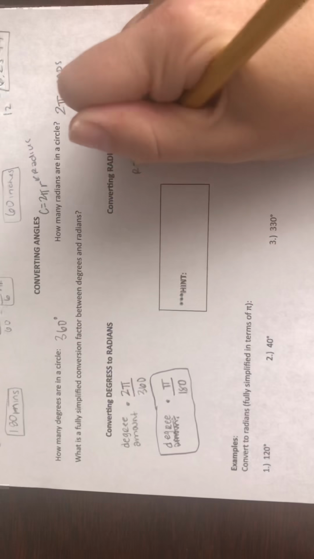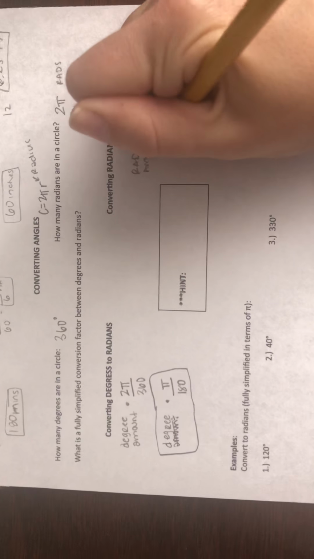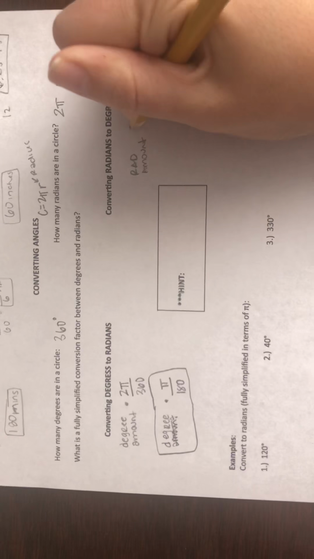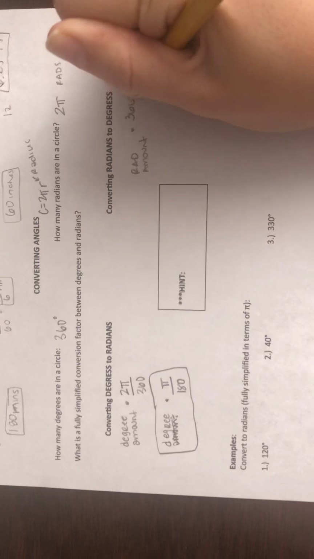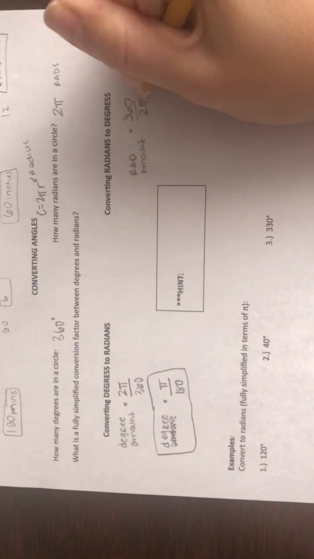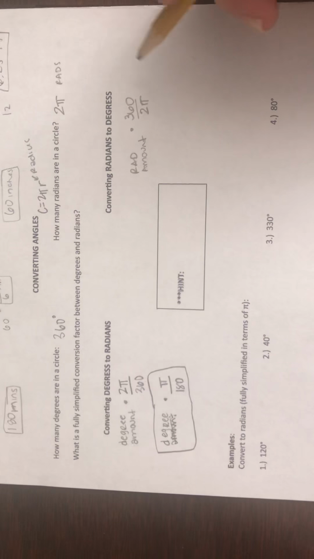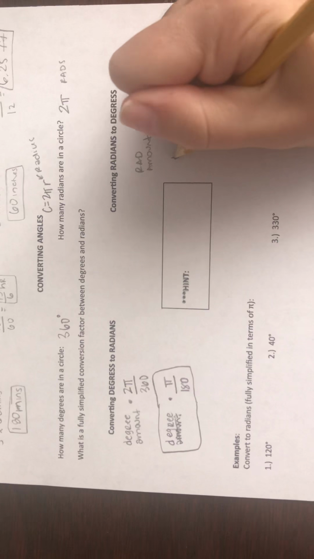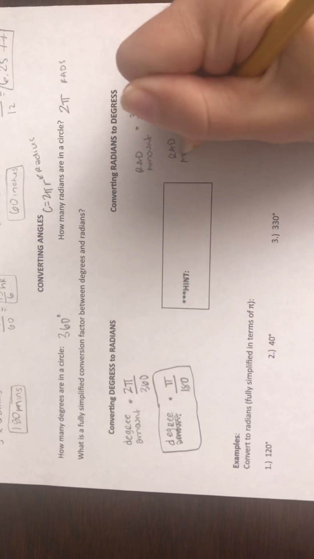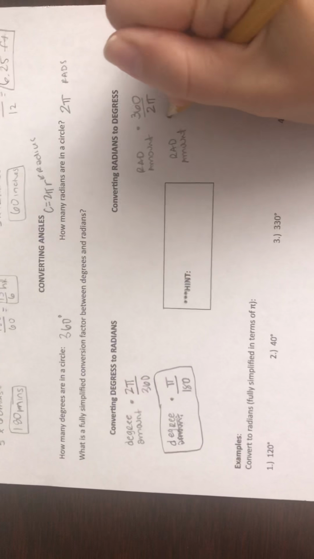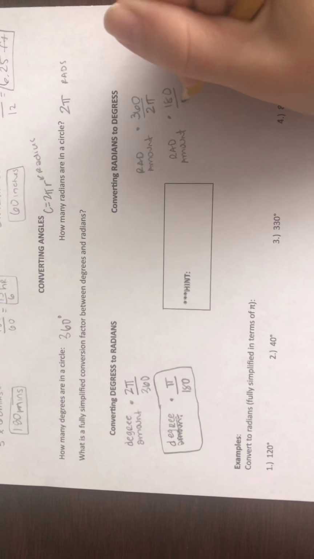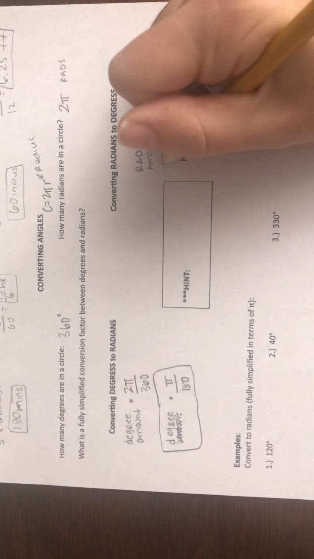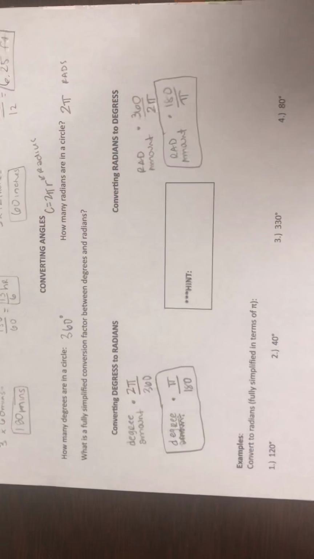So this is how we're going to convert degrees to radians. Radians to degrees is very similar. We're going to take a radian amount and multiply it by 360 over 2 pi, because remember these are equal. So our radian amount is really being multiplied by 180 over pi in order to get the degrees.